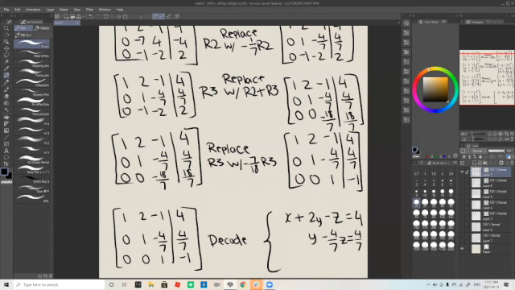And then we get z equals 1. So this is why we want to get a matrix into triangular form, or a system into triangular form, because you can see that it clearly gives you what one of the variables is, and from there you can easily solve the rest.